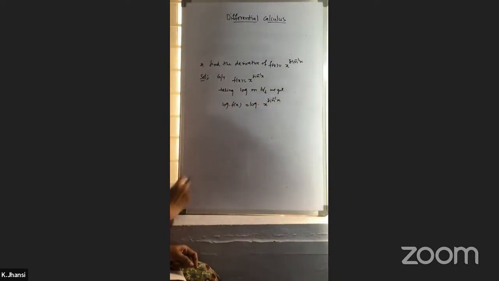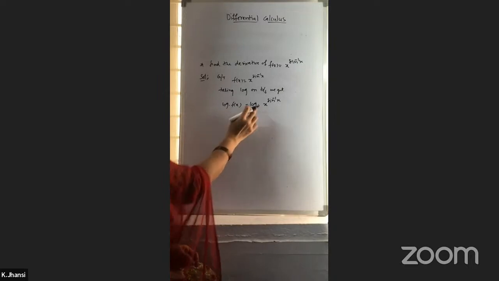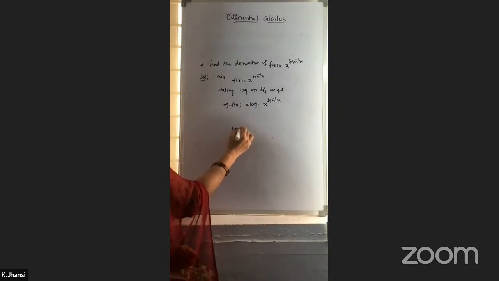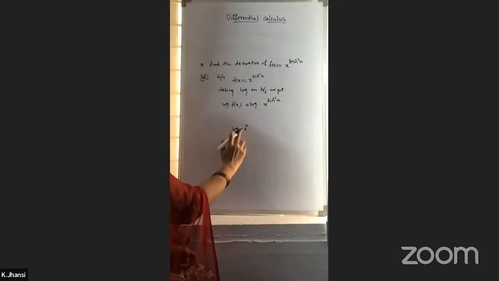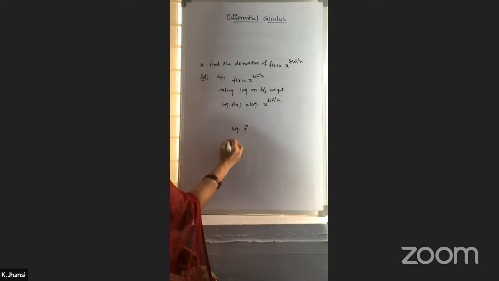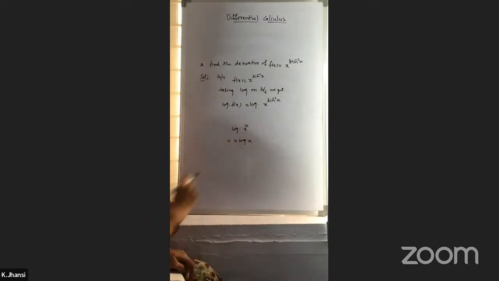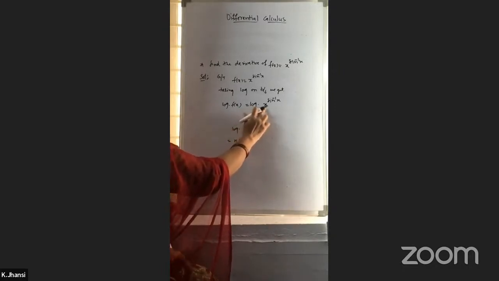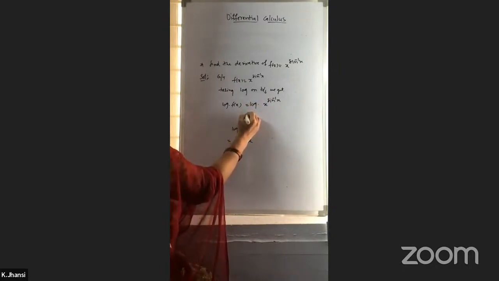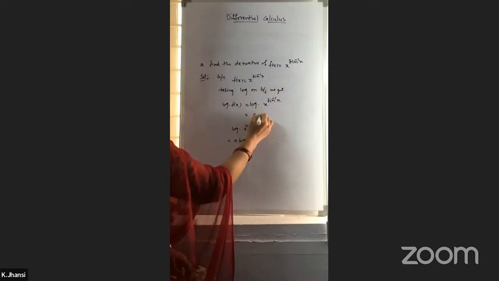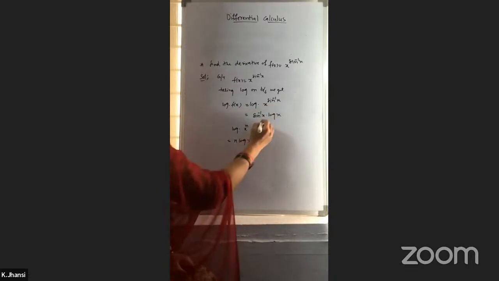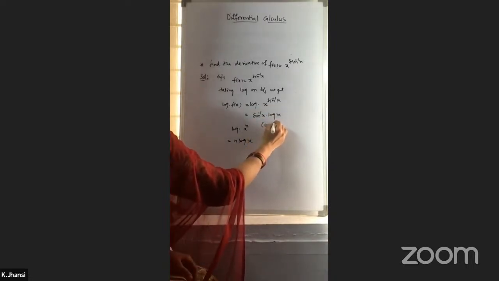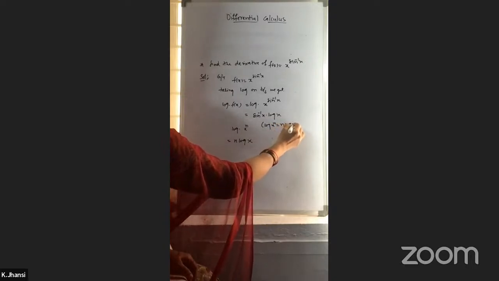This is in the form of log x to the power of n, anything to the power of n. So log x to the power of n means we have the formula n into log x. Here also it is similarly, so it will be sine inverse x into log x. If you want, you can write log x to the power of n equals n log x.